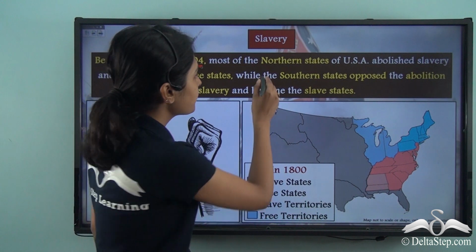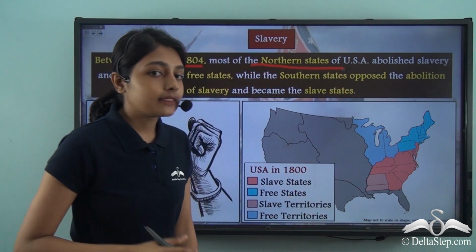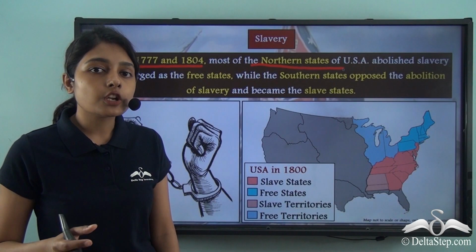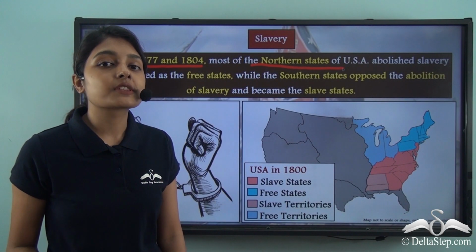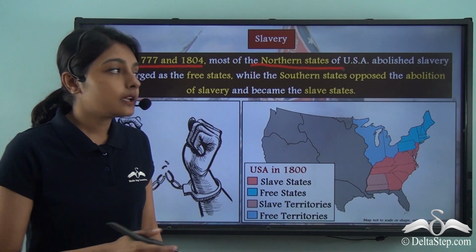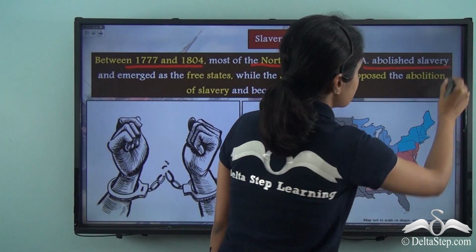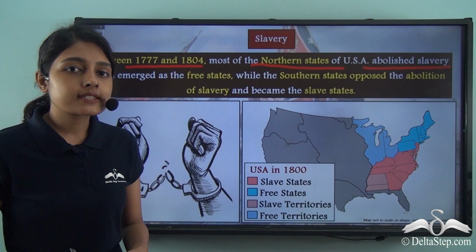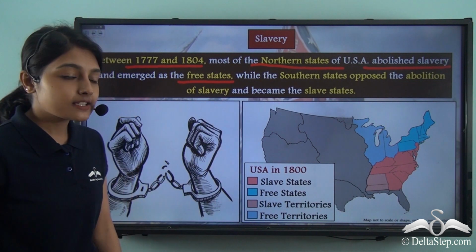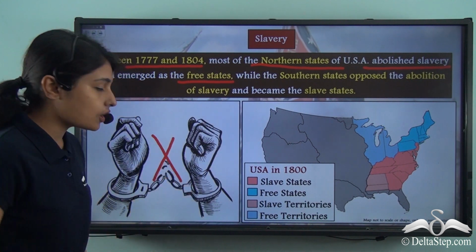And it was the northern states of USA that abolished slavery completely. The northern states did not rely on unpaid labor from the slaves, and this we have discussed a while ago. So, they completely abolished slavery. The northern states now proclaimed themselves as the free states, that is, free from the bondage of slavery.